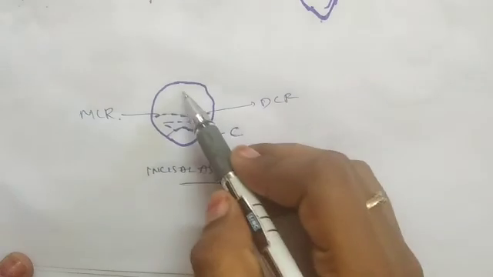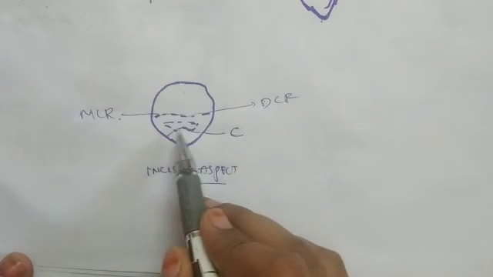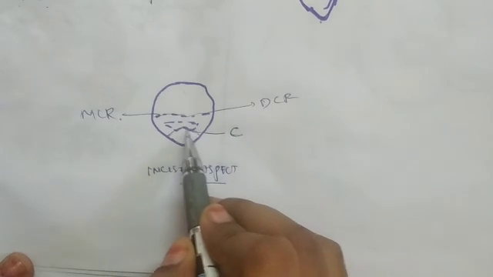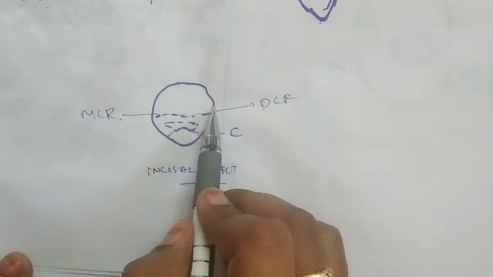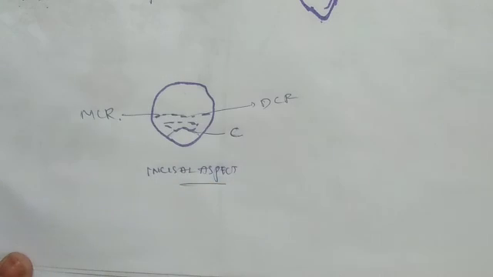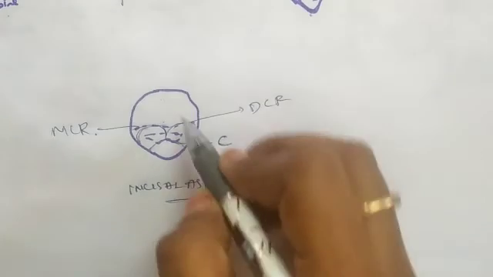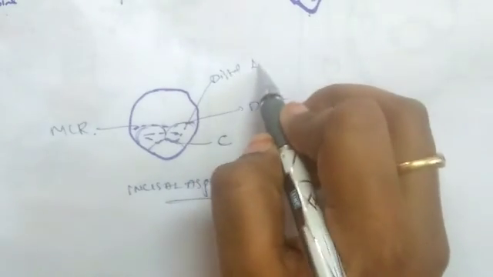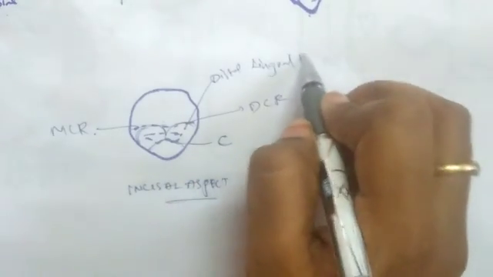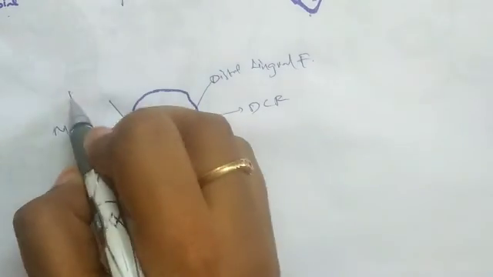This is the labial aspect, and from here it is the lingual aspect. We can see the cingulum projected in this way, and the labial crest of curvature is more. We can appreciate that in the incisal aspect. And also fossae: distal lingual fossa and mesial lingual fossa.